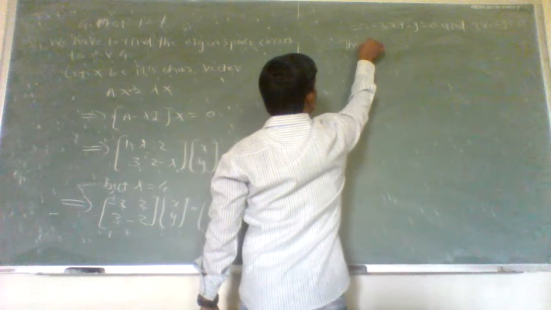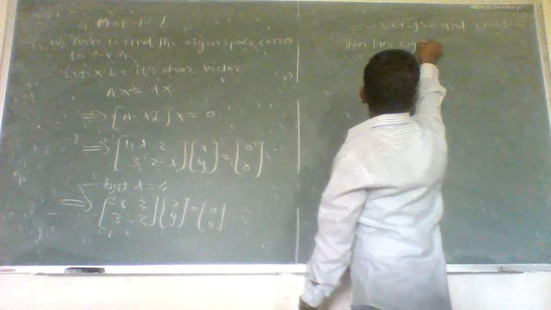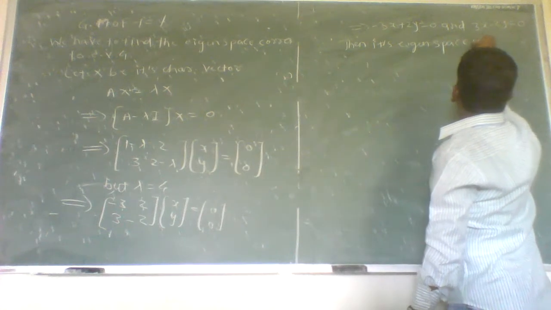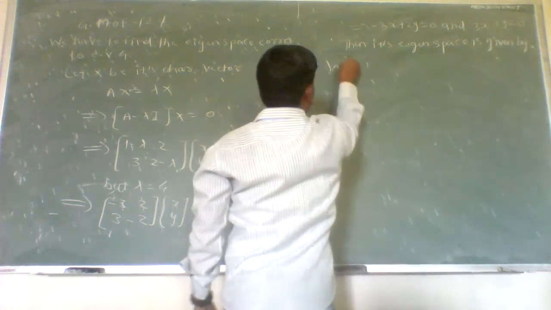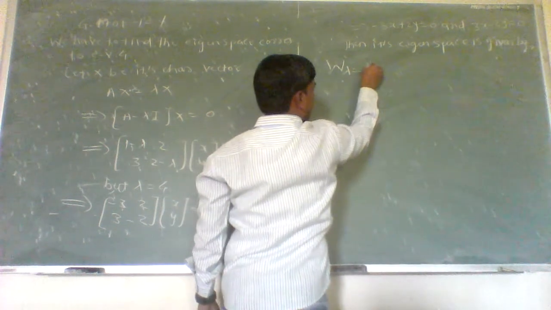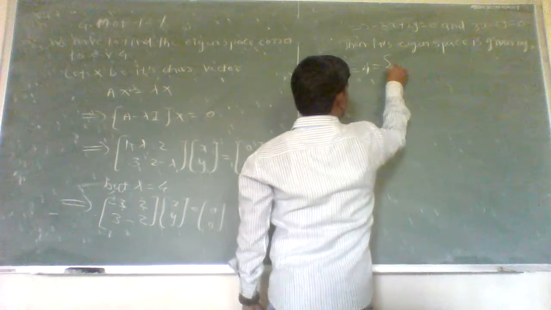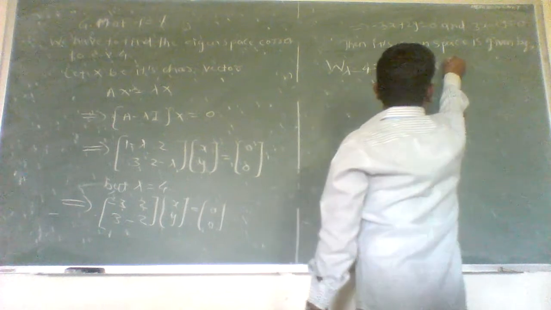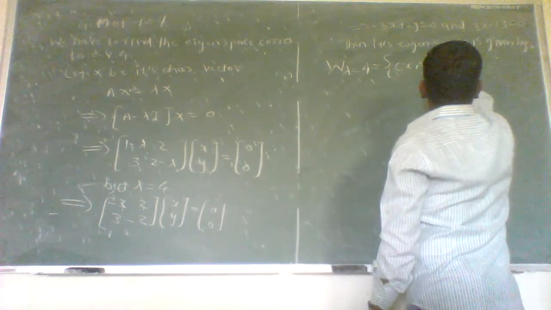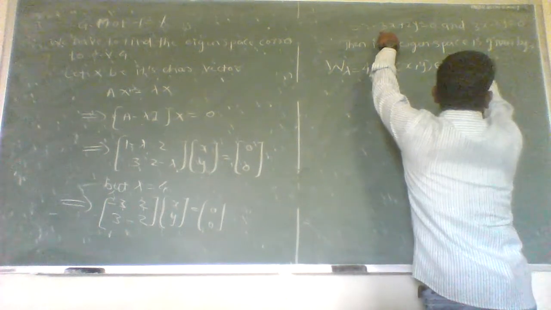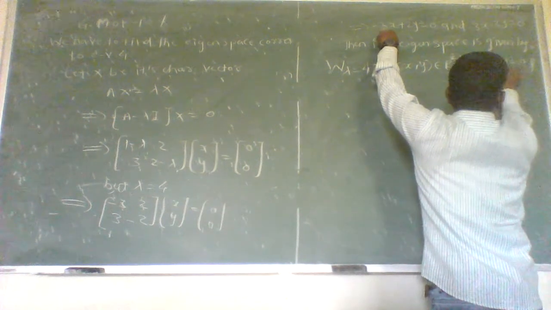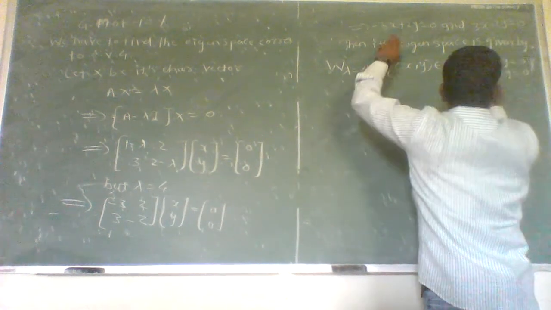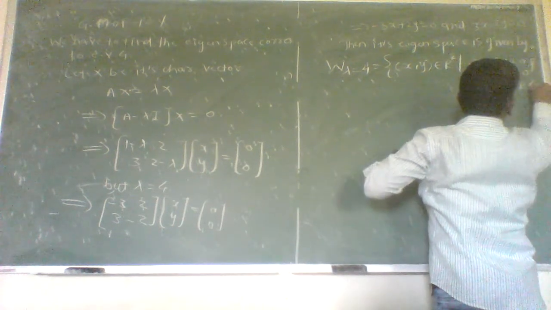Now we have to find its eigenspace. The eigenspace corresponding to eigenvalue 4 contains all eigenvectors belonging to R2 such that minus 3x plus 2y equal to 0 and 3x minus 2y equal to 0, whenever x, y belong to real numbers.